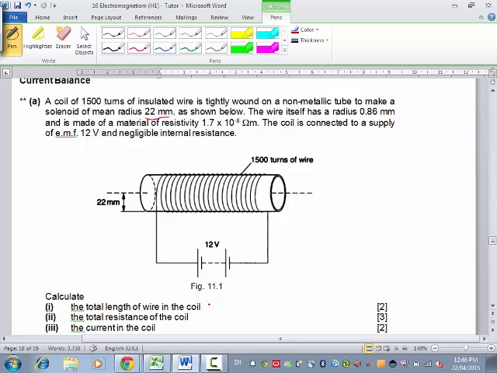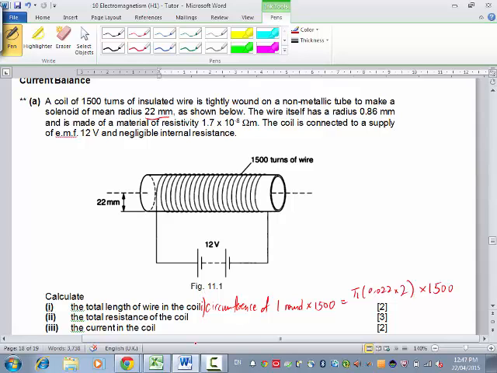So it is the circumference of one round, pi d, okay, so that is the total length of the wire. That's for number 1.